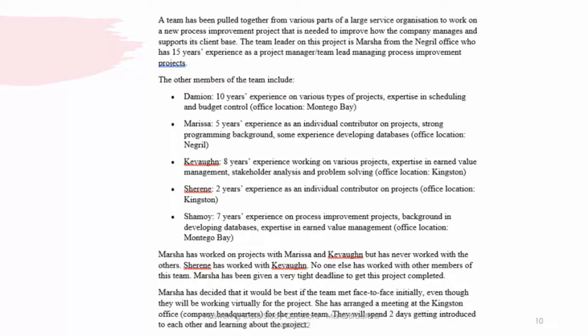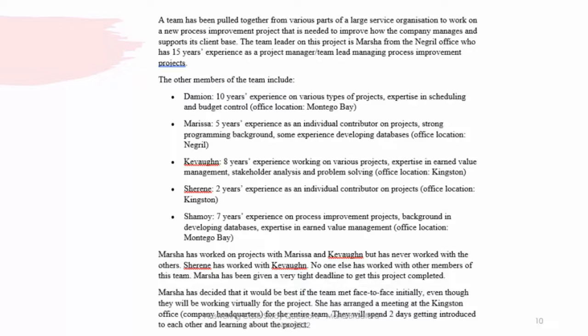The other team members are Damien. He has 10 years experience on various types of projects, expertise in scheduling and budget control, and his location is in Montego Bay. Marissa, she has 5 years experience as an individual contributor on projects, strong programming background, some experience developing databases, and her location is in Negril.